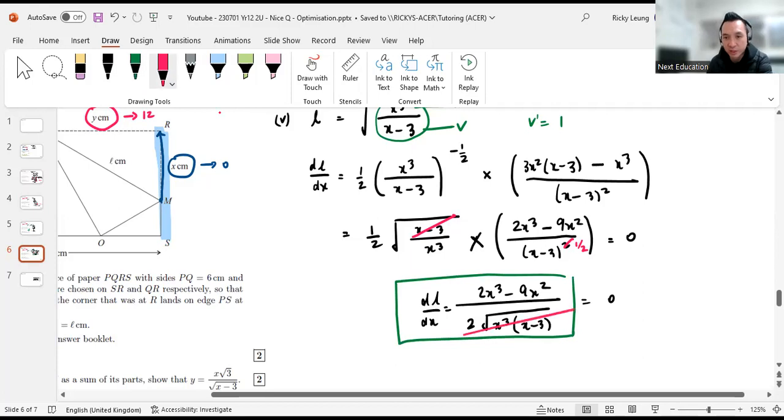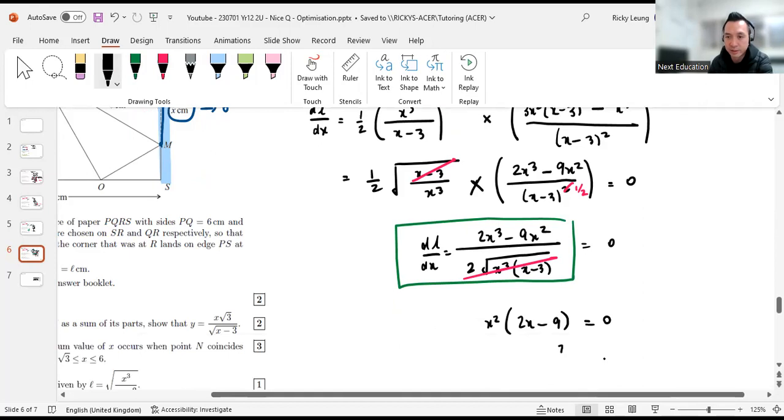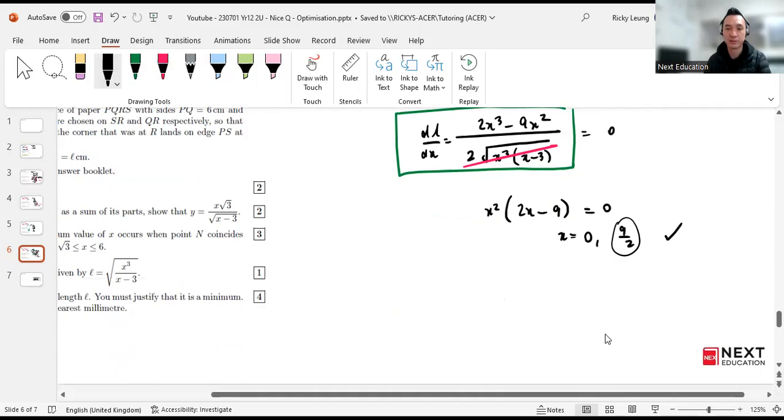When I solve this, this guy goes away, great. So the only thing I'm left to solve is, if I take out x squared from the top, 2x minus 9 equals 0. And then x equals 0 and 9 on 2. Can't be 0, right? So I'm going to test for max min using the table method.